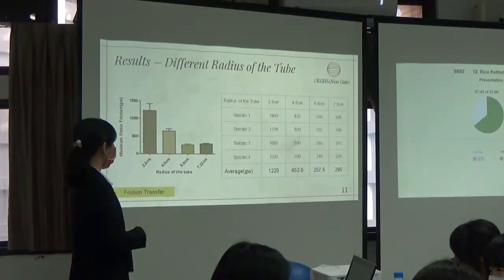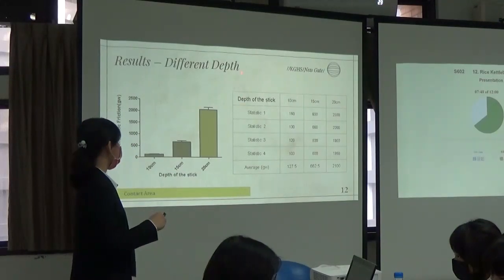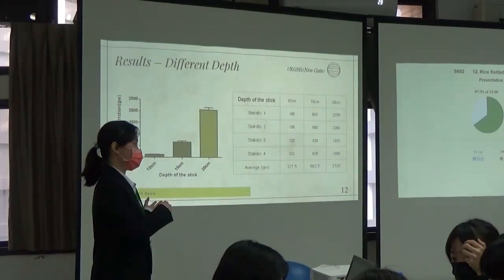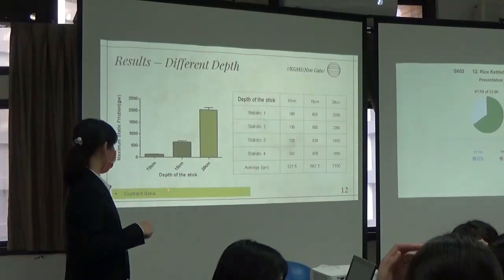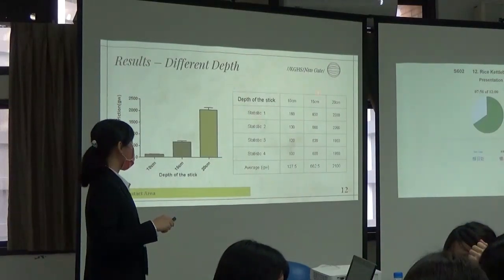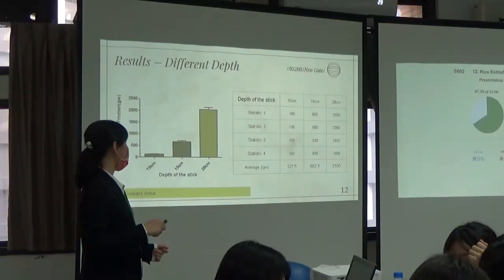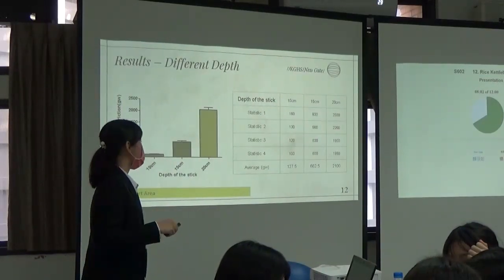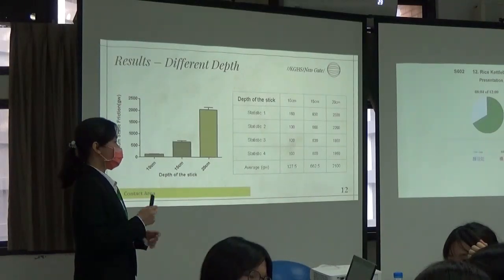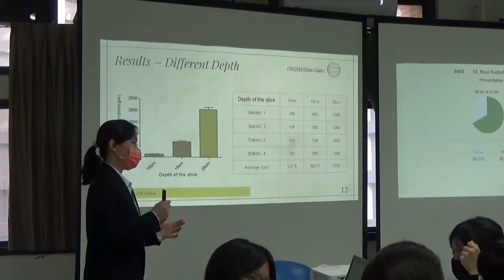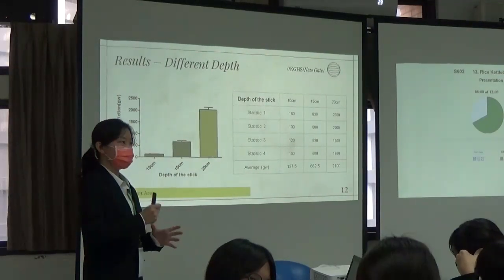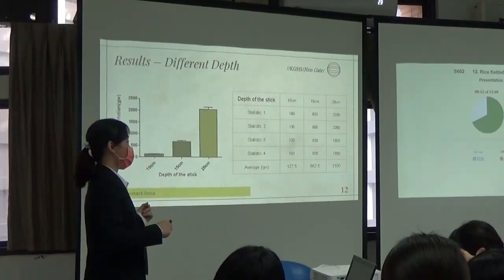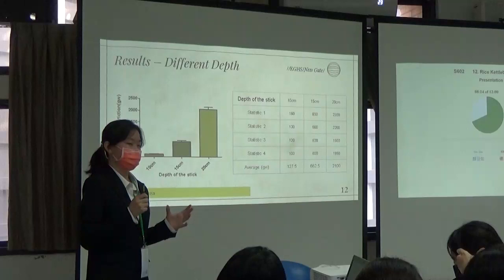so it would affect our results. The next experiment is different depth, which, as mentioned from the beginning, gives a different contact area. We did 10 centimeter, 15 centimeter, and 20 centimeter of depth. The result is that when we put the stick deeper, we can test a bigger friction, which again means that we can pick up a higher mass of the system.